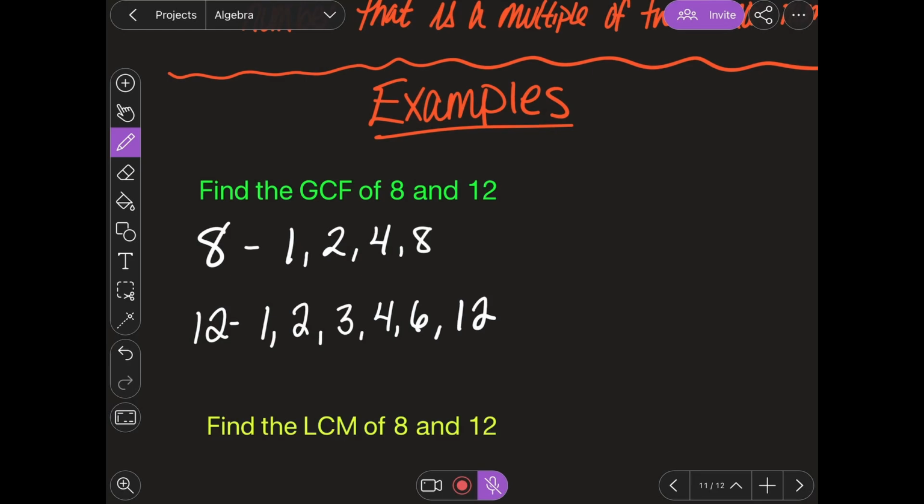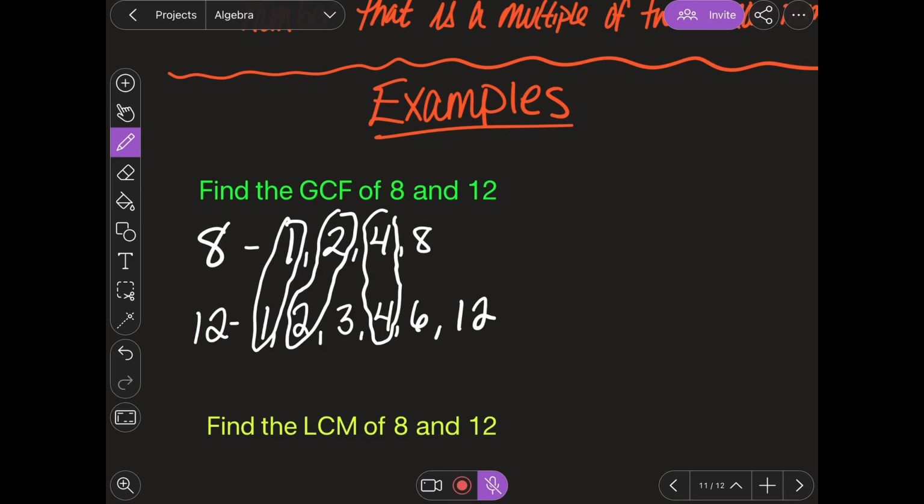Now, we're going to circle the common factors for both 8 and 12. So that's going to be 1, that's going to be 2, and 4. So 1, 2, and 4 are the common factors for 8 and 12.